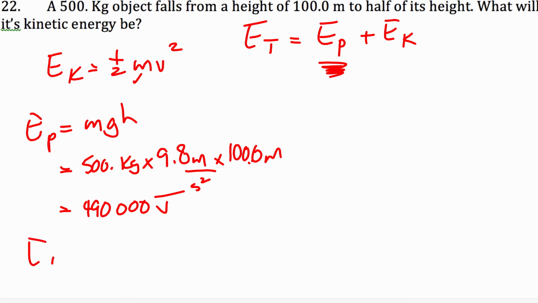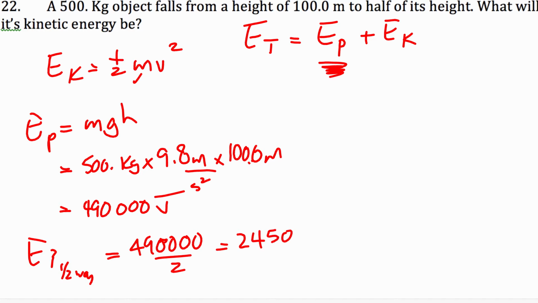So the potential energy at halfway down would be 490,000 divided by 2, which is 245,000 joules of energy.